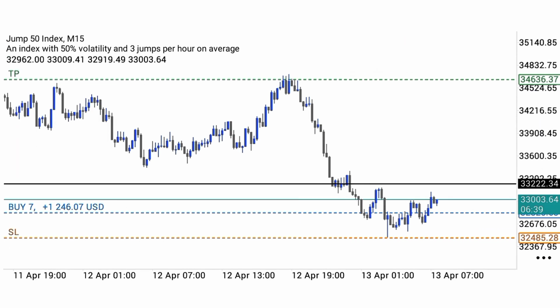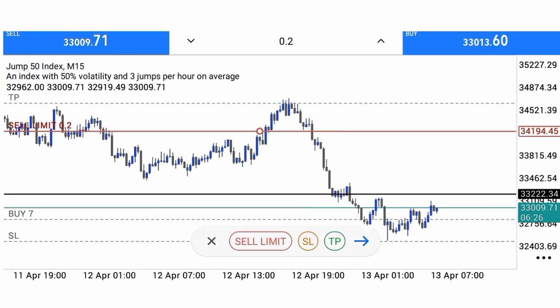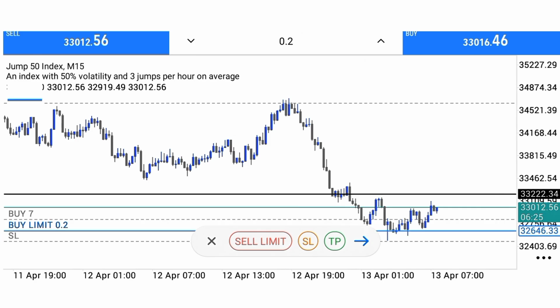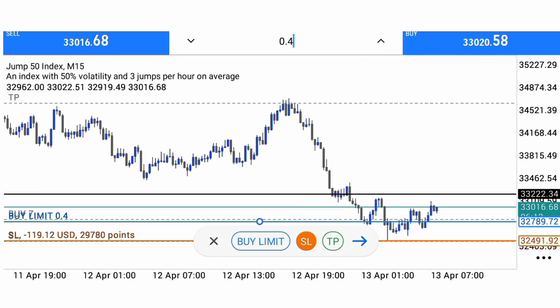Okay, let's imagine you risk, let's say, $20 for this trade. All right, let me look for 0.2. Let's use the limit order. Let's say you were here and you took this trade and you place your stop loss here. Let's say you're risking $100 for the trade.